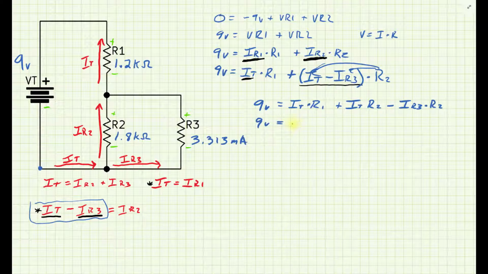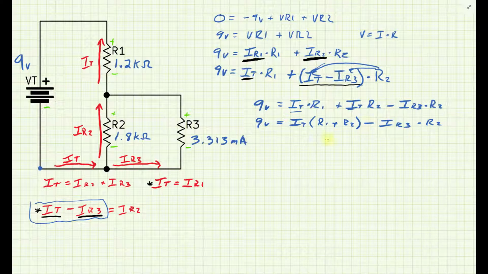IV, or 9 volts equals IT. Okay, so now I'm going to factor here, R1 plus R2. Alright, so I just factored out my ITs here, leaving me with minus IR3 times R2.